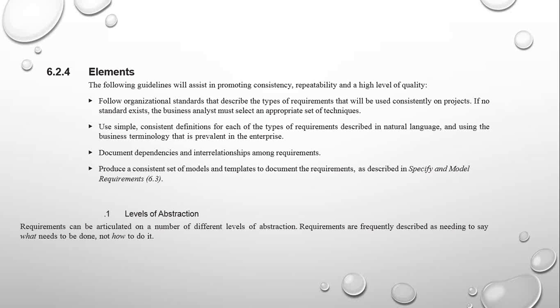Interrelationship is how, where, and what is connected with each other. There are multiple systems which are dependent on some other application. So if you don't get the input from that system, you are not going to process the data and provide the proper output, and that's your dependency. That's your interrelationship among requirements. If you deliver requirement A, then only you can go to requirement B, because you have to go to B via A.